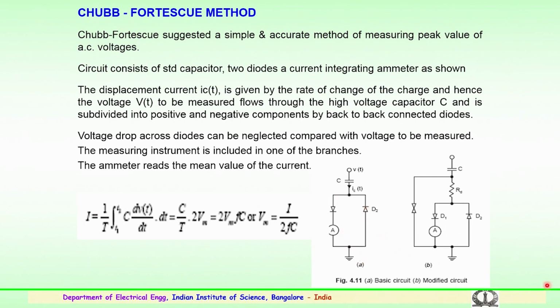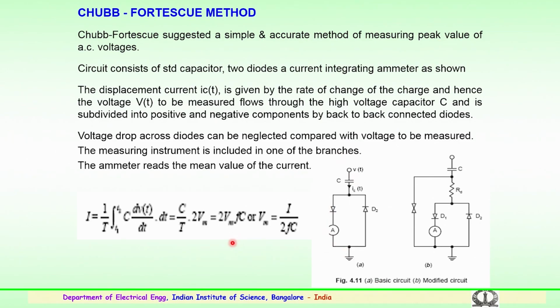The voltage drop across these two diodes could be neglected because it is very small in comparison to the measured voltages. So, the measuring instrument, that is the ammeter, is included in one of the branches, and this ammeter reads the average or mean value of the current which is passing through it.